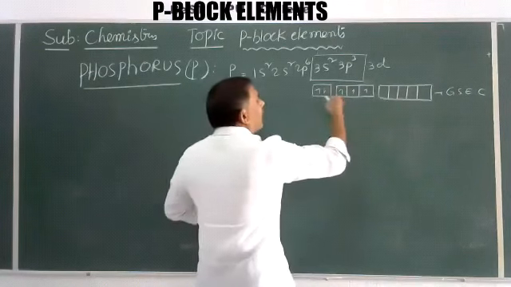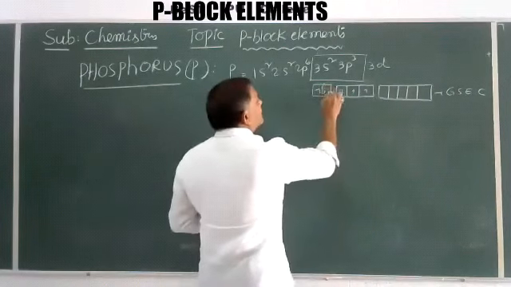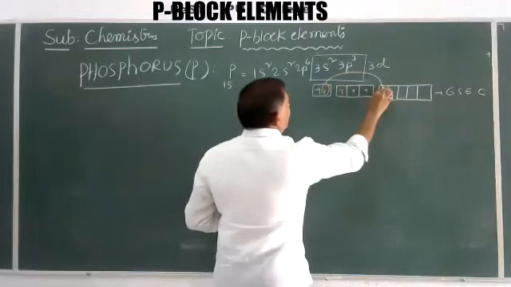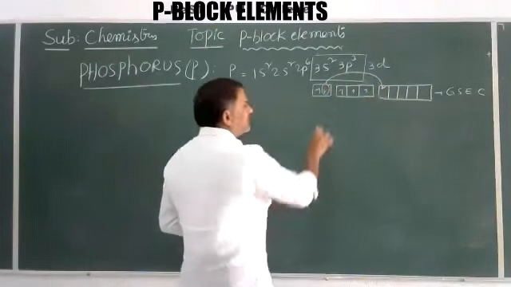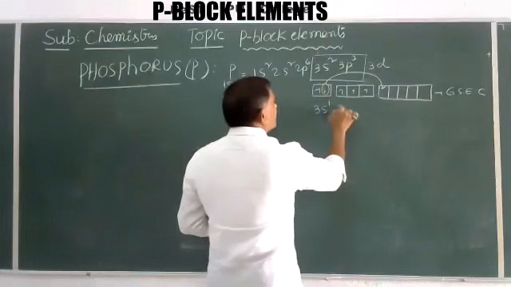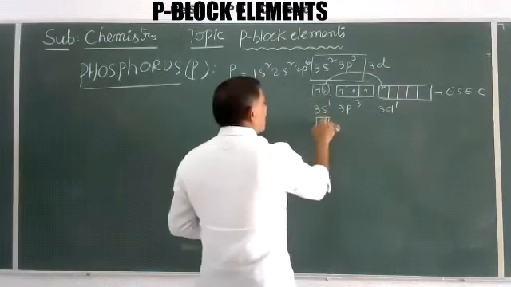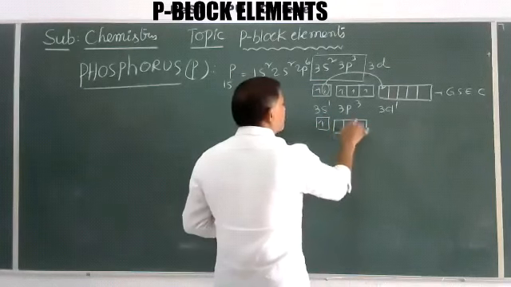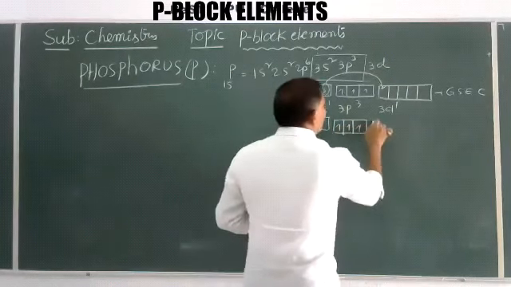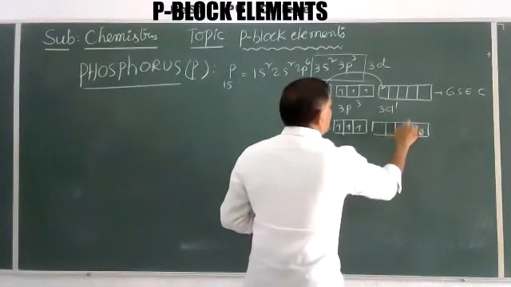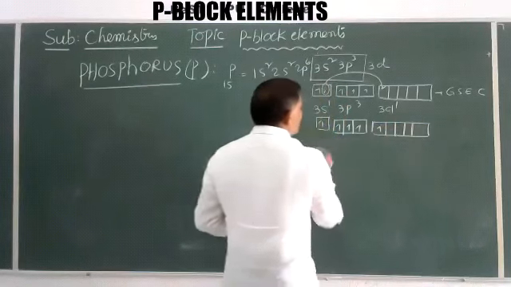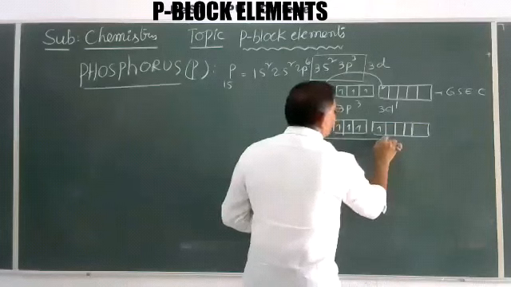Whereas in other compounds, one electron may be excited from 3s2 to 3d, that is the first excited state: 3s1, 3p3 and 3d1. Now here 1 electron, here 3 electrons, and 1 electron in the d subshell. Total unpaired electrons are 5.